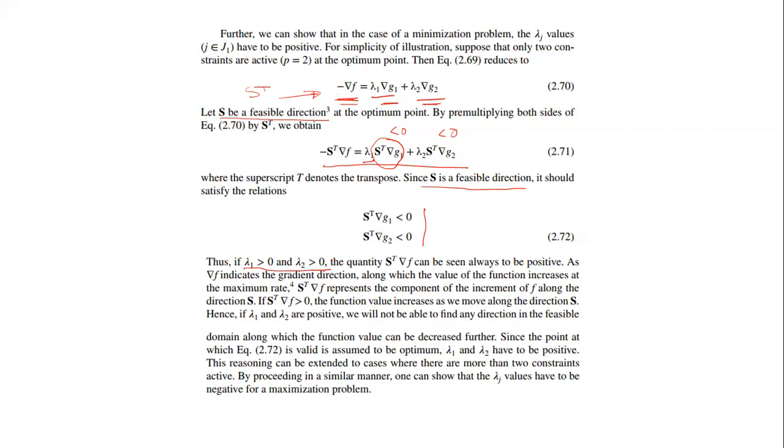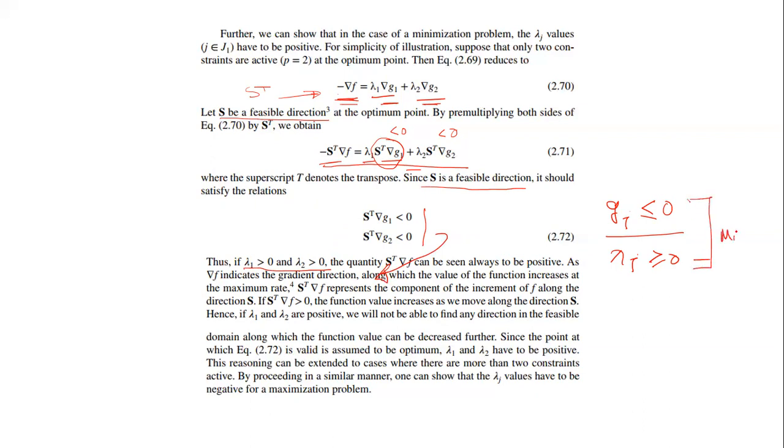Otherwise, if lambda is less than 0 and this one is less than 0, then the product will be positive, so we cannot validate it. This is why it is important to understand the theory, because in some problems the constraints given are less than 0. And once this is less than 0, we assume that lambda j has to be greater than 0 based on this condition. Okay, so this is for a minimization problem.